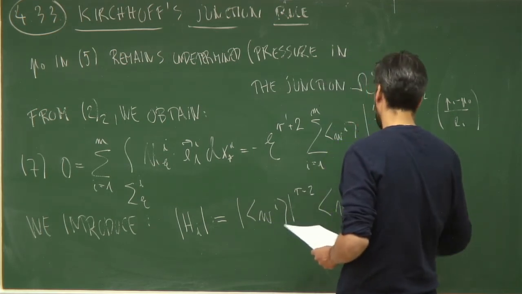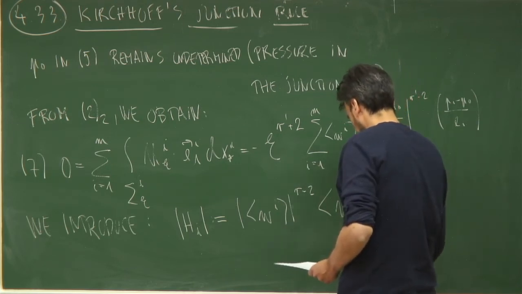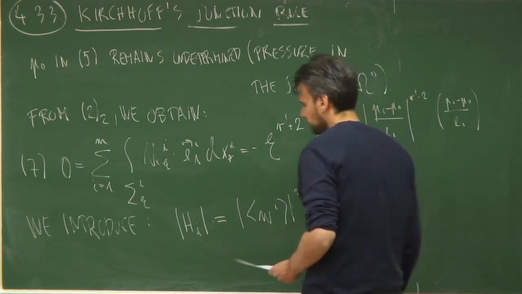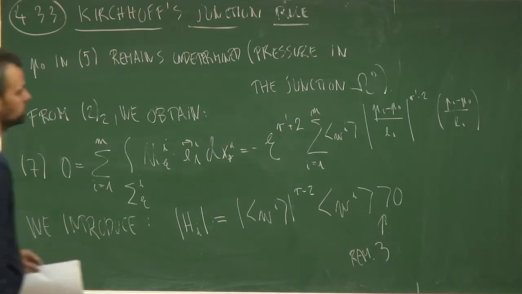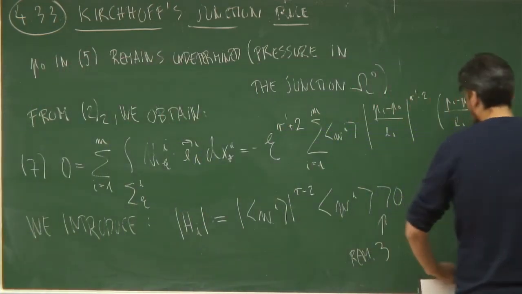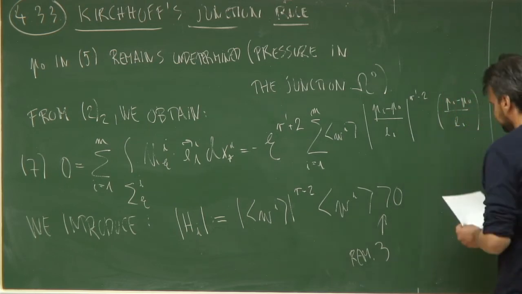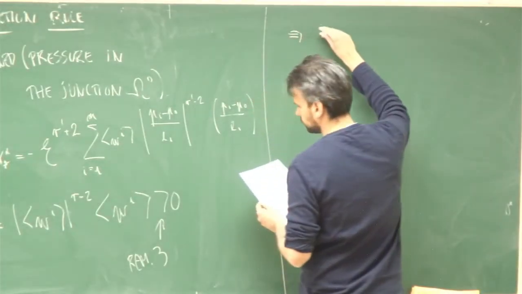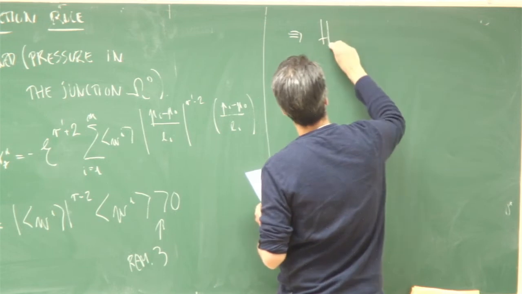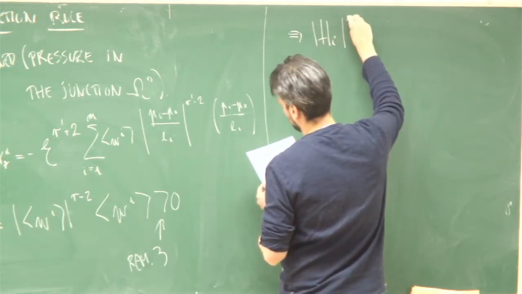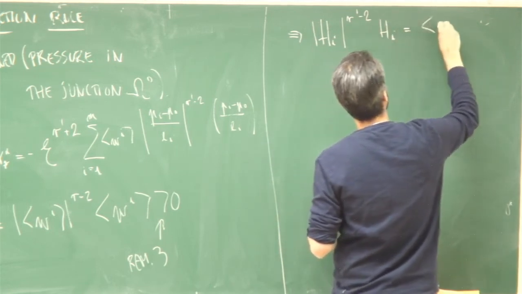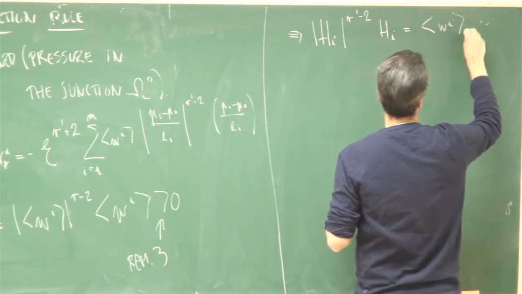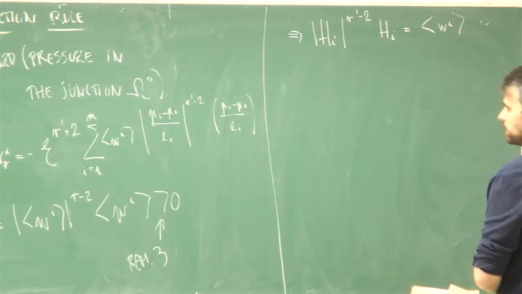So this is bigger than 0 by remark 3. So it can be shown that from here we have the following. So the absolute value of H1 to the r minus 2 Hi is equal to Vi. Okay, there's a lot of computation beside all this, but I'm just outlining the ideas.